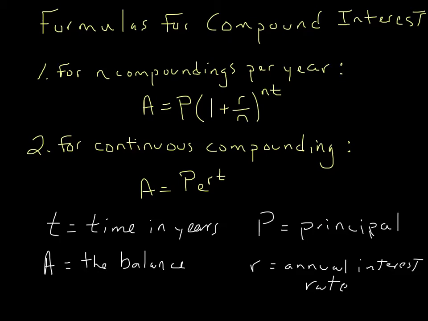One of the things that we do with exponentials is we have some formulas for compounding interest. There's one formula which talks about compounding interest a certain number of times per year, which is this first one. P is the principal, the amount that was initially invested, so this is your initial amount.